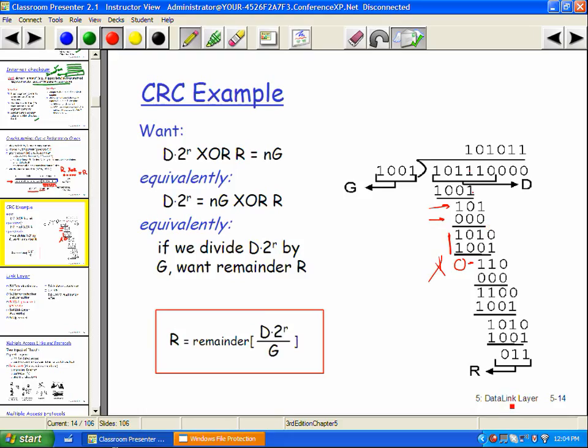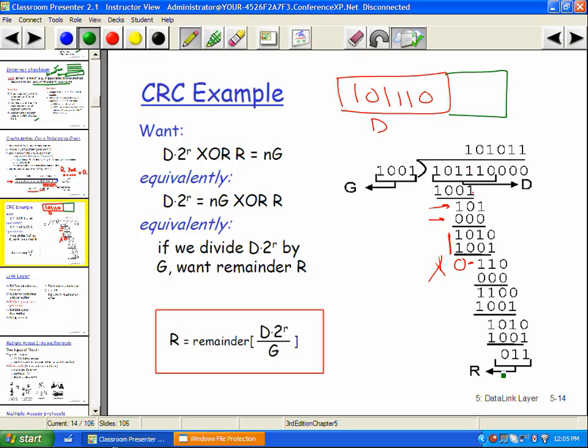So finally, remember, this is your D. What you're going to send is 1 0 1 1 1 1 1 0 1 1 1 0. That's your D, and then you'll append it with R, your CRC bits, 0 1 1.